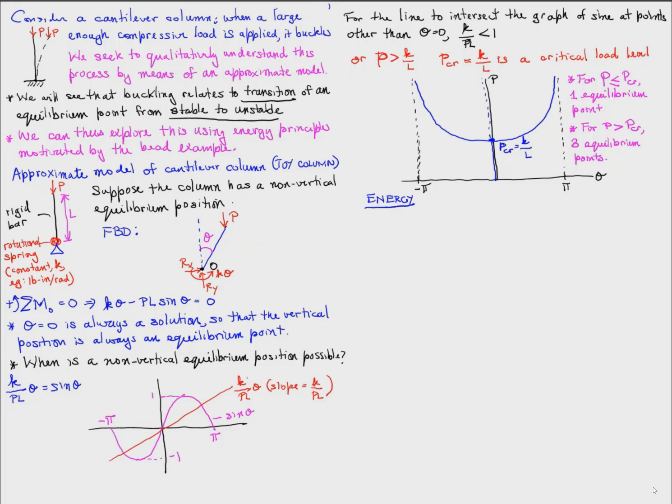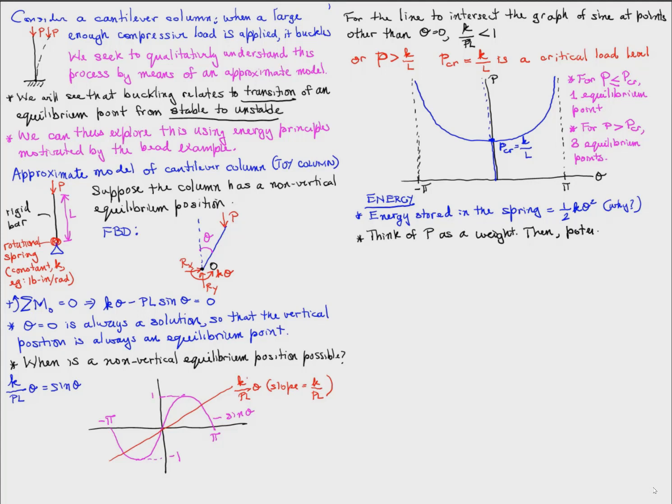Now let's try to apply the energy principles from the bead example. So the total energy in this toy column: the energy stored in the spring is 1/2 K theta squared. You've probably seen this kind of thing in undergraduate mechanics of solids. Now think of P as a weight.